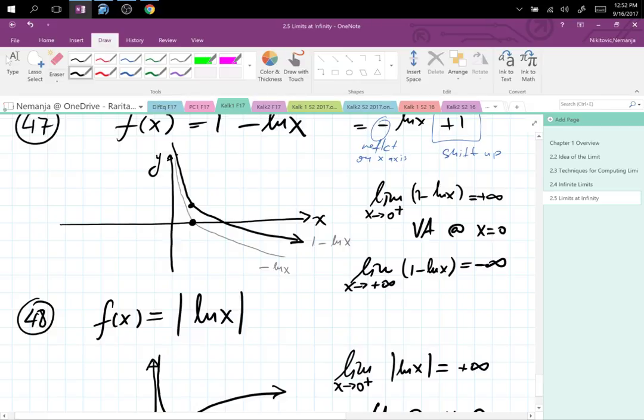Could it be negative 1? No, because we showed that in the end behavior, as it goes to positive infinity, it goes to negative infinity, so it's not going to hang around negative 1. We stop drawing at this point here. That doesn't mean there is an asymptote somewhere below, because end behavior prohibits that. End behavior says this will go to negative infinity, which is forever down, while a horizontal asymptote is a finite number, not negative infinity.